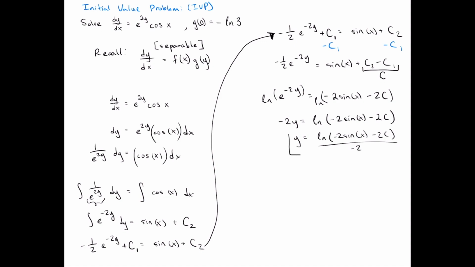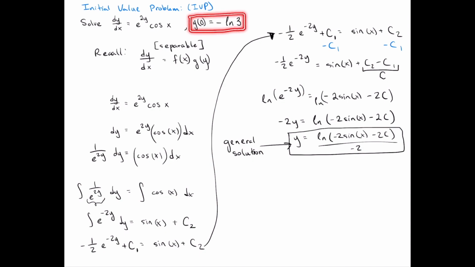Now, we don't stop here because this is the general solution. But we don't stop here because we were given the initial condition. So if we were given the initial condition, then that means we can solve for this constant c. So let's plug in the values.